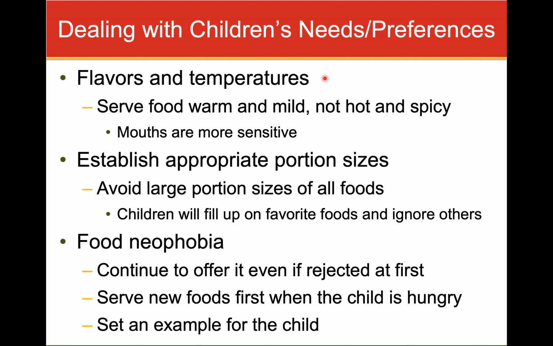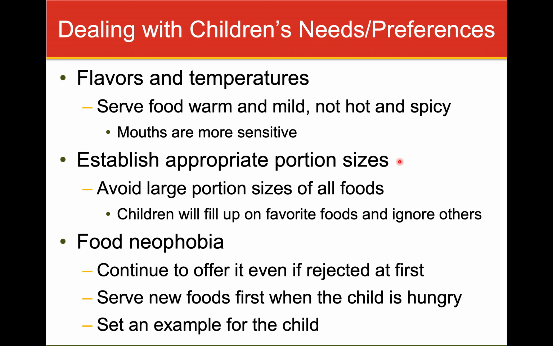Children are going to have unique needs and preferences, so there's various strategies that can be used to make sure that those needs and preferences are met. In terms of flavor and temperature, you want to serve food warm and mild, not wild, like I was starting to say. Warm and mild, not hot and spicy. And the reason for this is that the children's mouths are more sensitive.